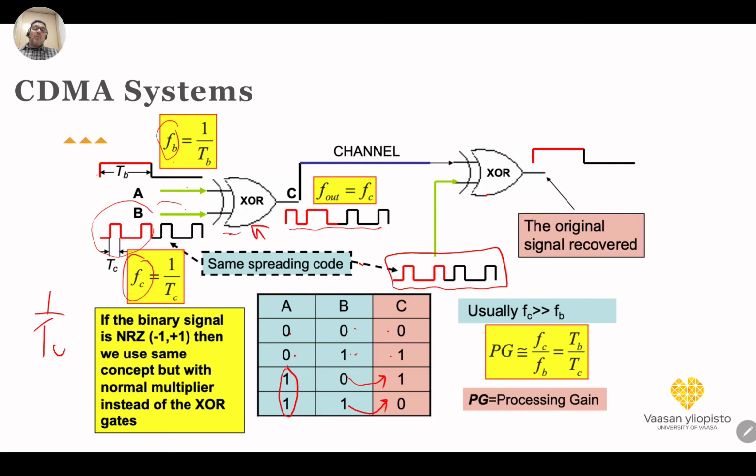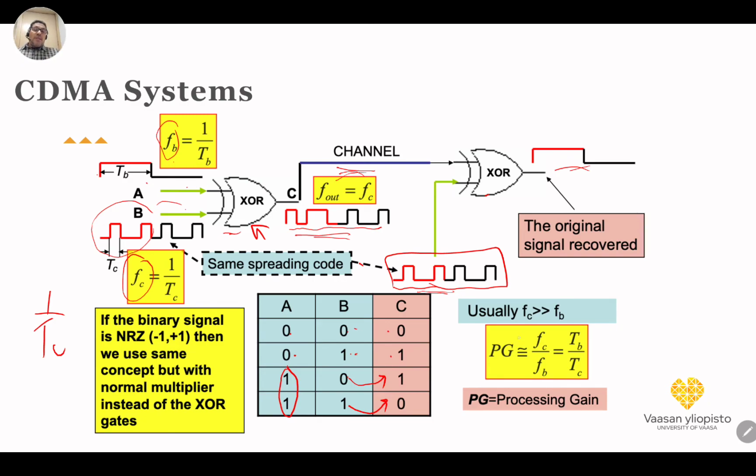Even if we have multiple transmitters on the same channel, as long as all the codes are orthogonal, the result will be only for our transmitter, where we use its own code in the despreading process, or the demodulation process.